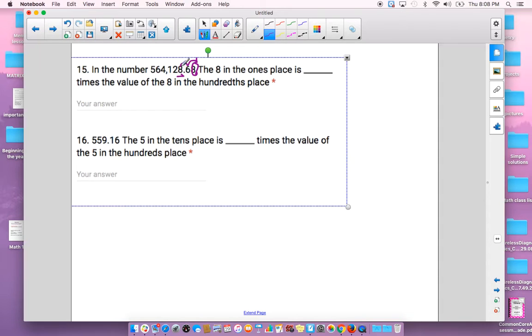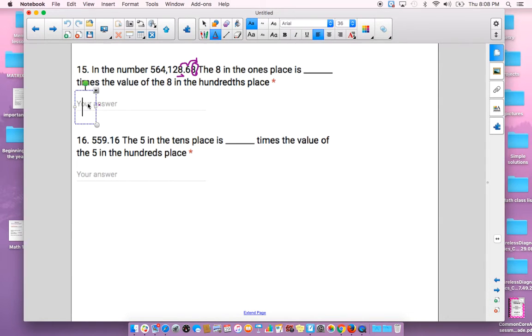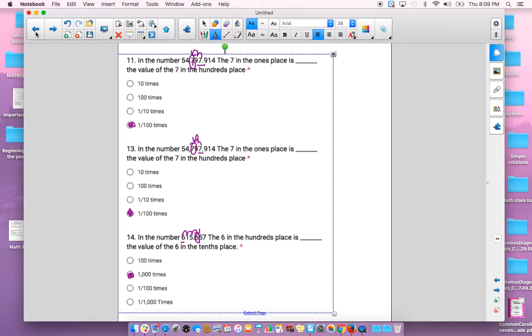So we went times 10 times 10, so my answer would be 100 times. Oops, I don't have to put times because that's already written right here. So it'd be 100 times because I'm going from a larger place value to a smaller place value. Then I'm going to go here. I want to look back at my question before to make sure that I was moving to the right on that one. Okay, just making sure.